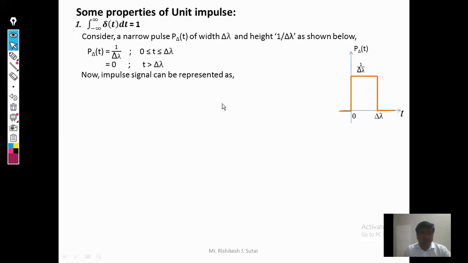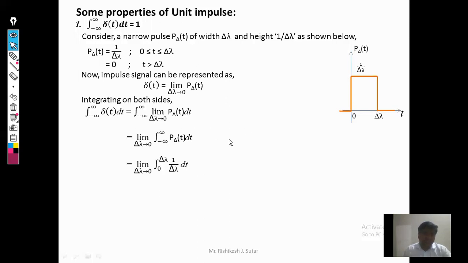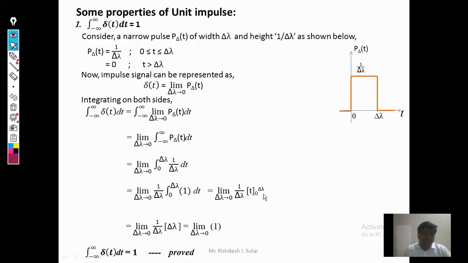Now, to represent the impulse signal, I can write delta of t as p delta of t with the limit delta lambda tends to 0. If I integrate on both sides and solve it mathematically, ultimately at the end I will get this proof, that integration of delta of t dt is going to be equal to 1. That is, the area under unit impulse is equal to 1.